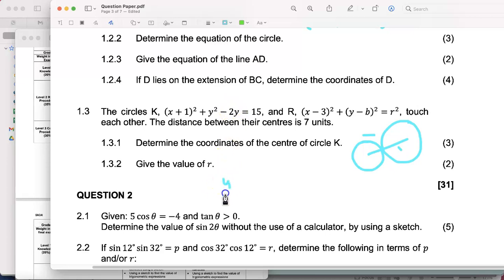So y squared minus 2y, and then you add half of that squared. Half of negative 2 is negative 1, squared is 1. Because I add it on this side, to keep the balance, because this is an equal sign, you have to add it on the other side as well.